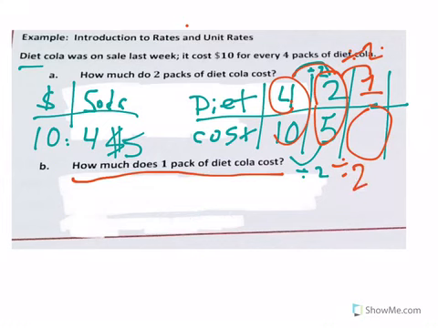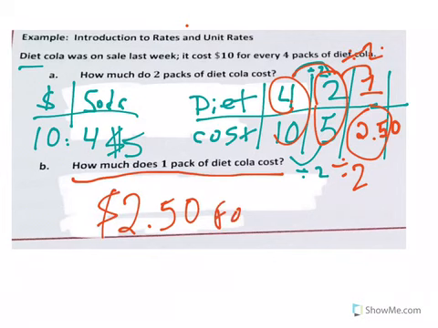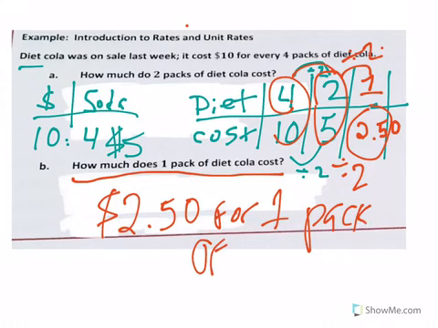So 5 divided by 2 would be what? Well, I associate it with money. If I have $5 and I owe someone half of that, then I owe them $2.50. So it would be 2.5, which we can also write by adding that 0. So it would be $2.50 for 1 pack of diet soda.